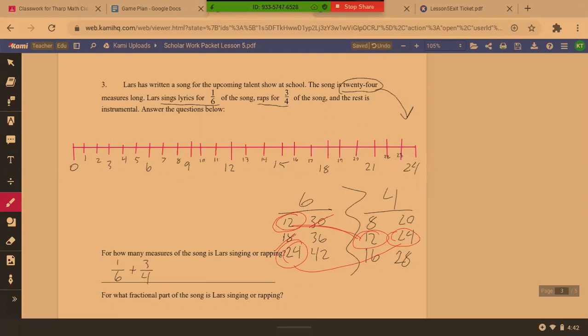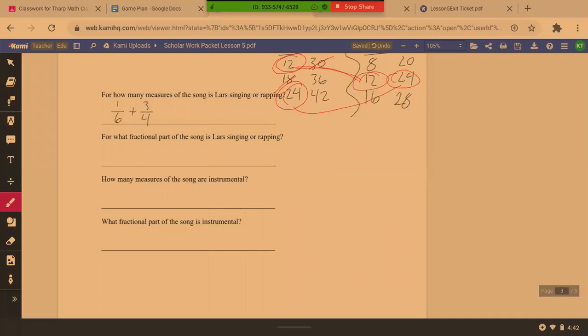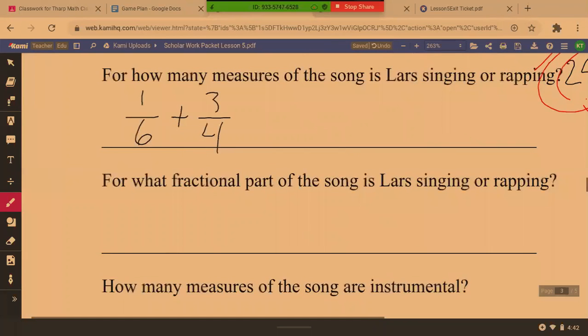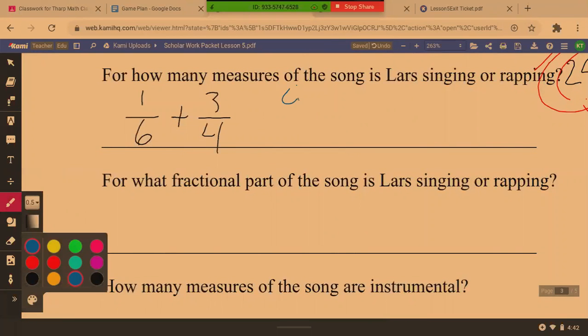Let's work hard and smart. So our common denominator, let me write that. Common denominator equals 24.